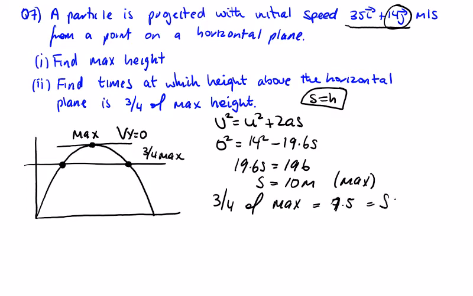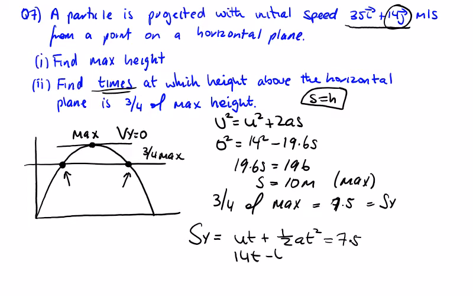So that's equal to S of y. So we put that into the S of y formula. S of y, displacement in y, ut plus a half at squared, is equal to 7.5. And we're asked for the times. Obviously there's two of them because of this symmetry, with the height above the horizontal plane. So my initial 14t minus 4.9t squared is equal to 7.5.